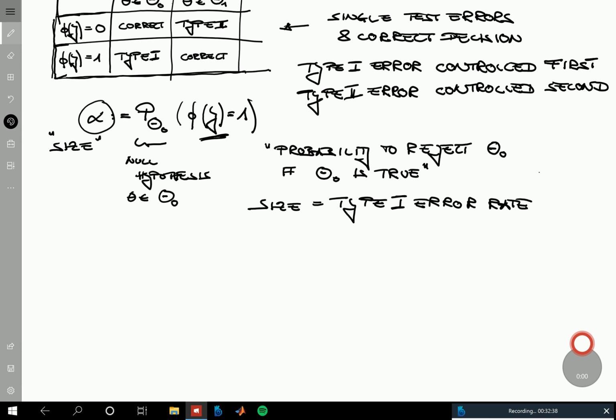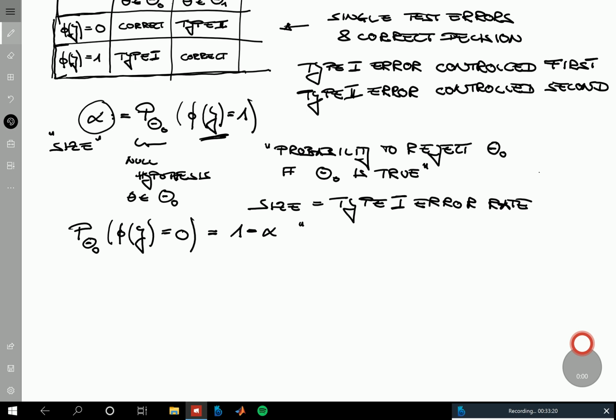Then it's relatively straightforward to define the complementary probability. If the null hypothesis holds, the test can of course also be 0. Because it's the complementary event, so either the test is 0 or 1, this is 1 minus alpha. So if we can compute the size, we can easily compute the probability that the test outcome is 0 under the null hypothesis.